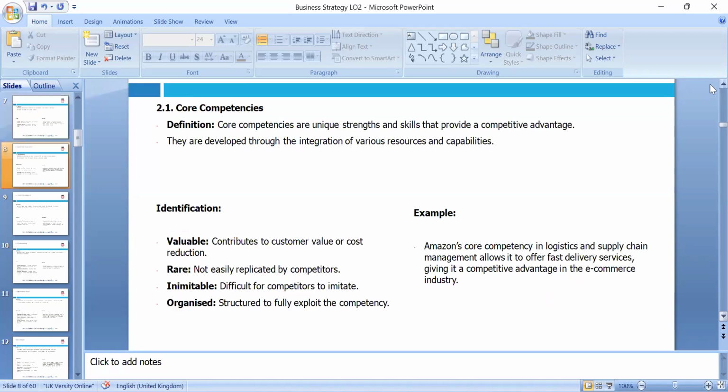Then core competencies: capabilities and competencies. Capability means the ability to do something. Like if you pass your driving test, you're capable, you know how to drive. But most employers look at your competencies. Competency means you can perform the task without mistakes.